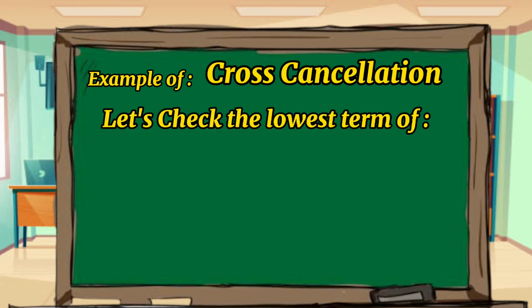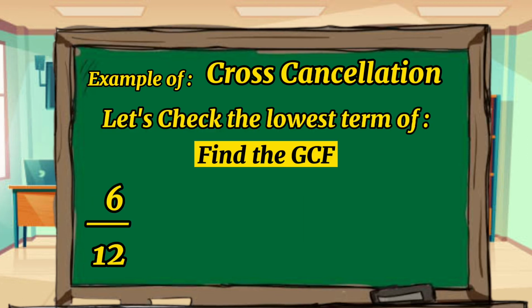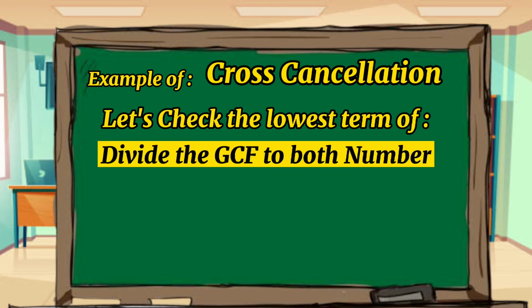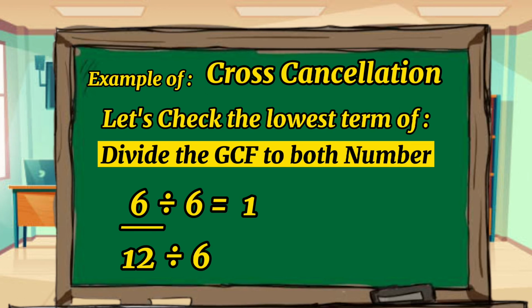Let's check if it is correct. The GCF of 6 and 12 is 6. Let's divide both numbers by the GCF. 6 divided by 6 equals 1. 12 divided by 6 equals 2. Therefore, the answer in cross cancellation and multiplying by another fraction is the same.